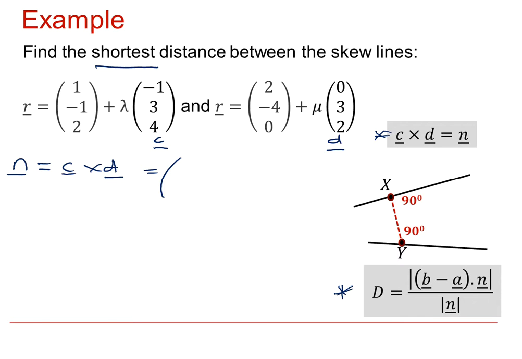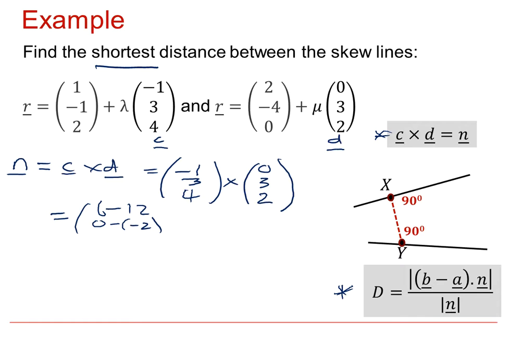So taking the direction vector of the first line, vector product with the direction vector of the second line would give us 6 minus 12, 0 minus minus 2, and minus 3 minus 0, or the vector (minus 6, 2, minus 3).